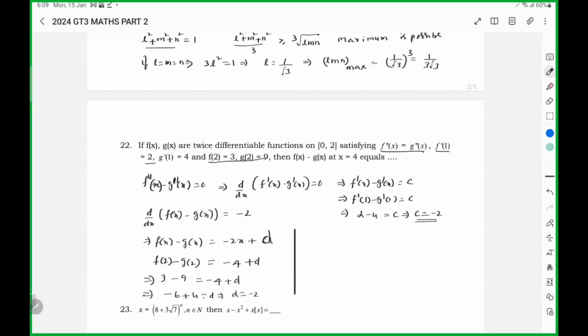So f of x minus g of x is minus 2x minus 2. Now he is asking the value at 4, that is minus 2 times 4, we get minus 10.